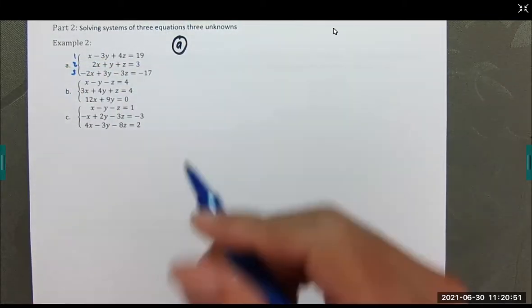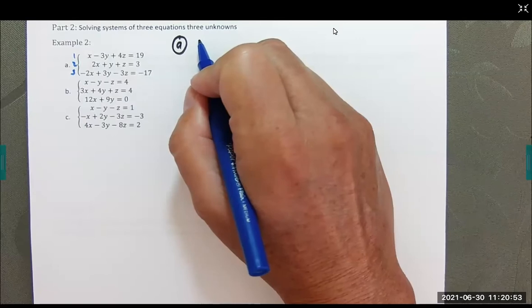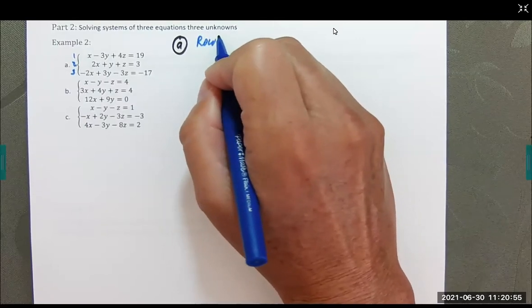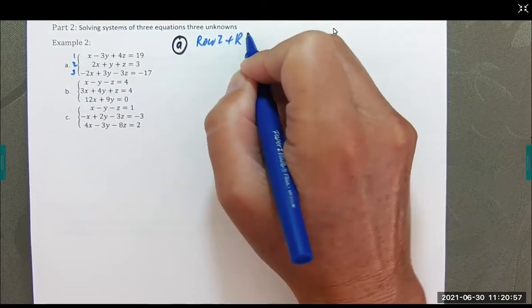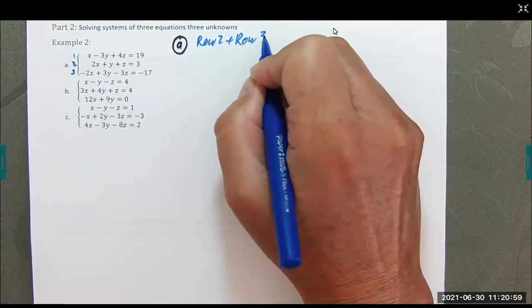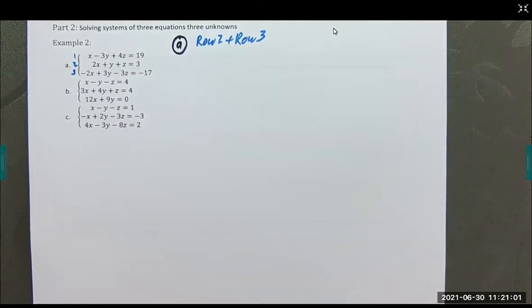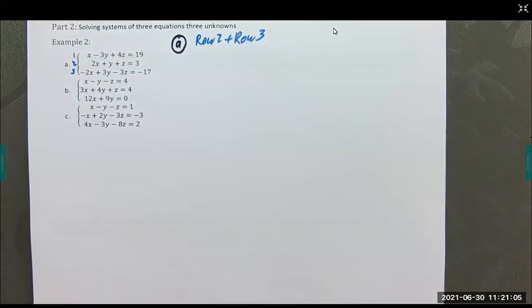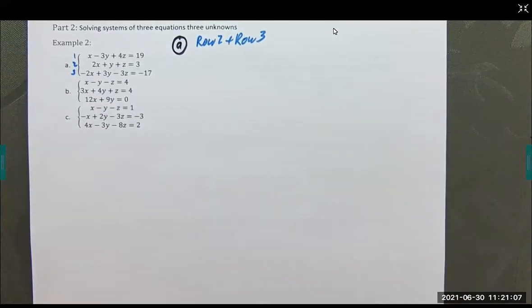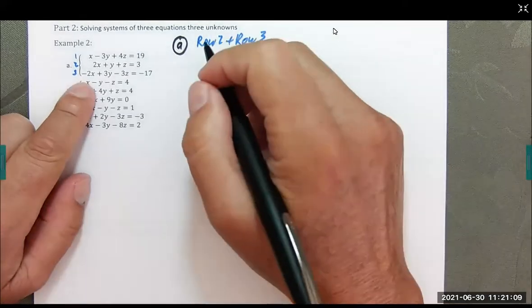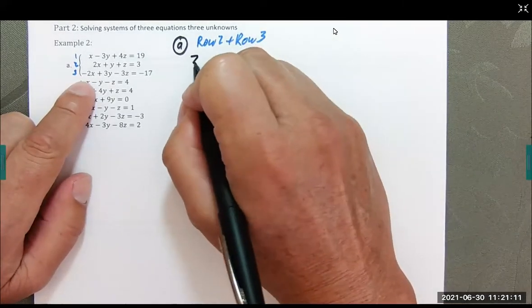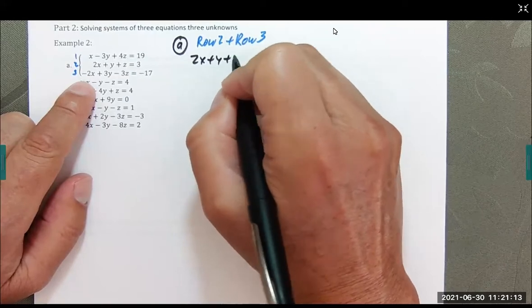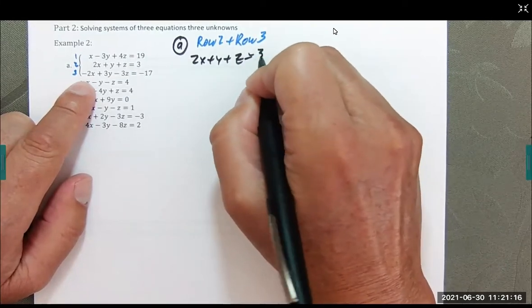If I take row 2 and add it to row 3, I'm going to eliminate one of the variables. So the goal here is to eliminate the same variable 2 times. So I'm going to go row 2 plus row 3. That's 2x plus y plus z equals 3 and -2x.